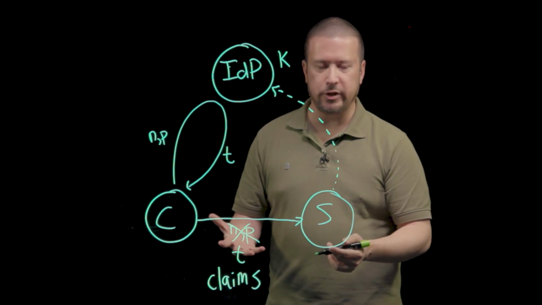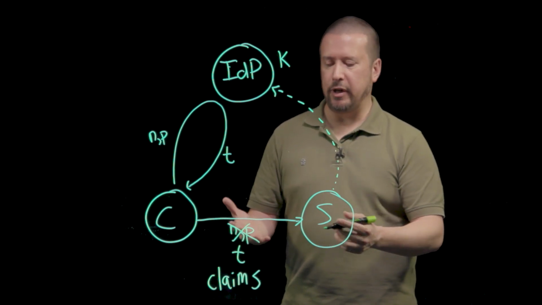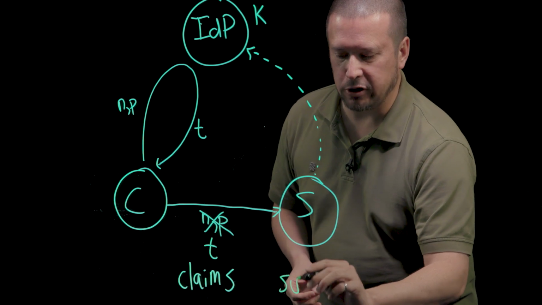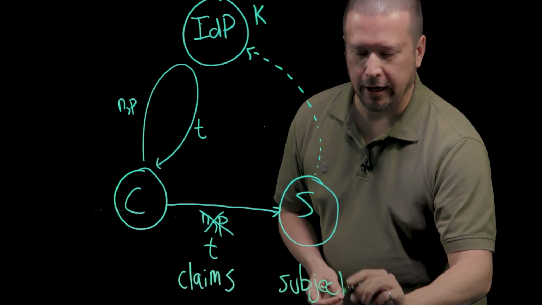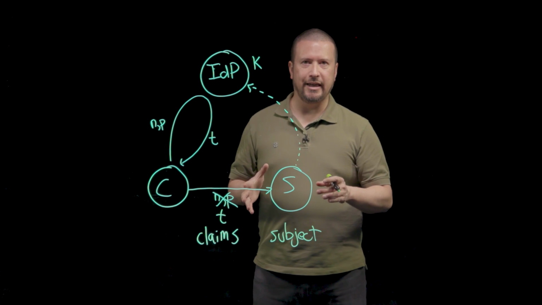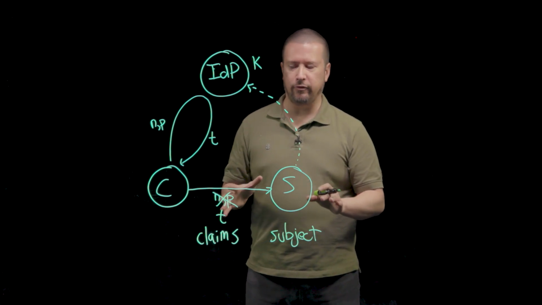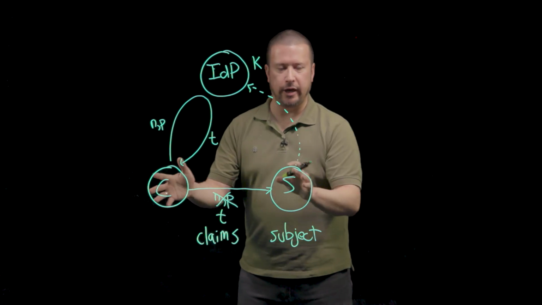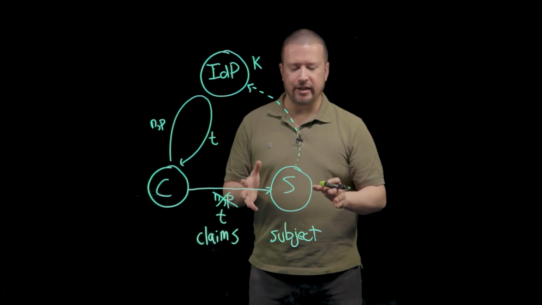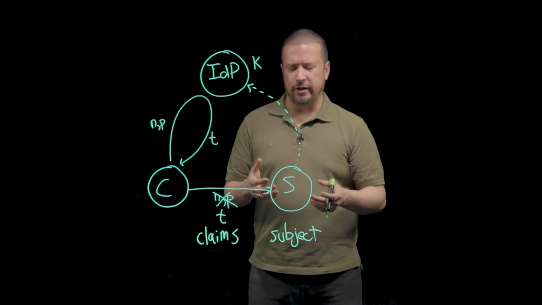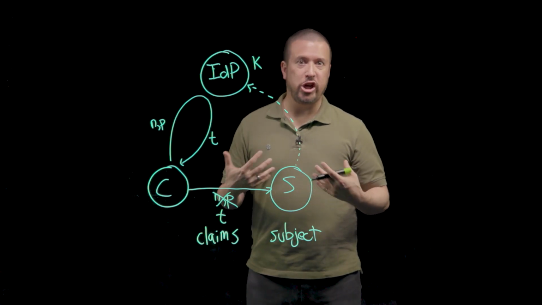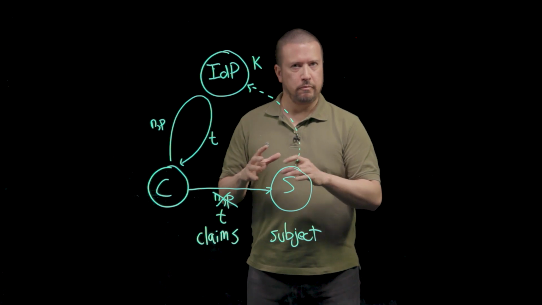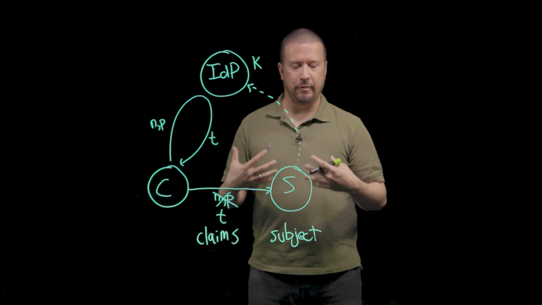There are actually a couple of claims that you're going to find really commonly in many of these interactions. One of these claims is called the subject. And the subject is usually an immutable, non-reusable identifier that identifies that identity of the caller who's using the client to call the server. And I say it's immutable and non-reusable because something like my name could change over time, whereas my identity hasn't changed despite the fact that my name has changed.